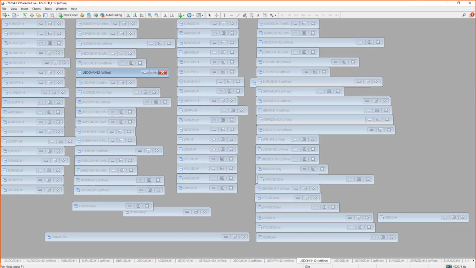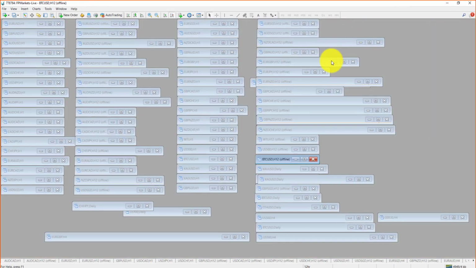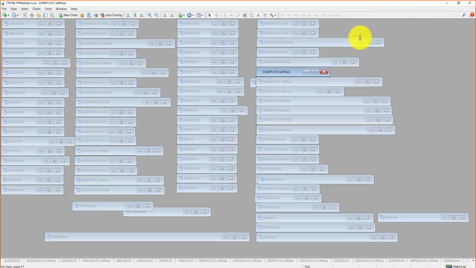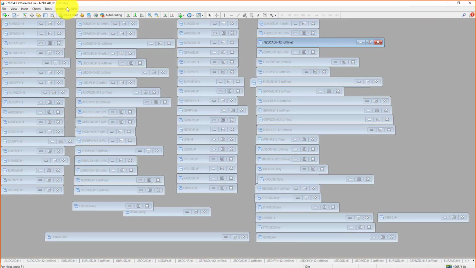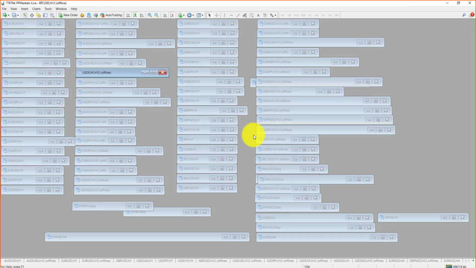I'm going to see if I can find one here. Let's just pick a random one. The Euro Yen. Nope. The New Zealand CAD. What I'm going to do is go to the 6-hour charts and see if we can find one there.